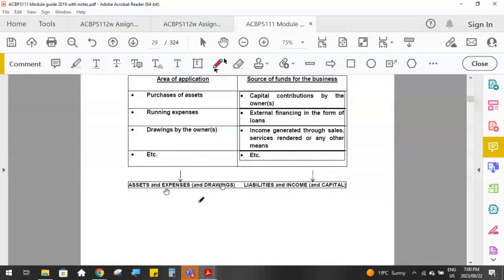So again, when we are talking about what we call the proprietary accounts, those are the accounts that we use when the business transacts with the owner of the business.